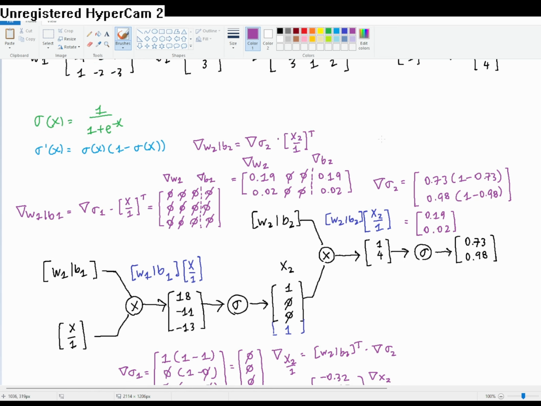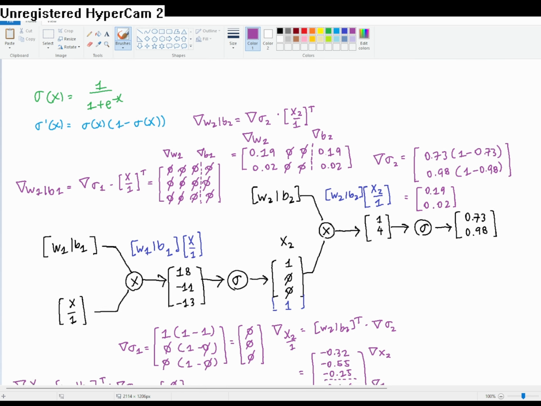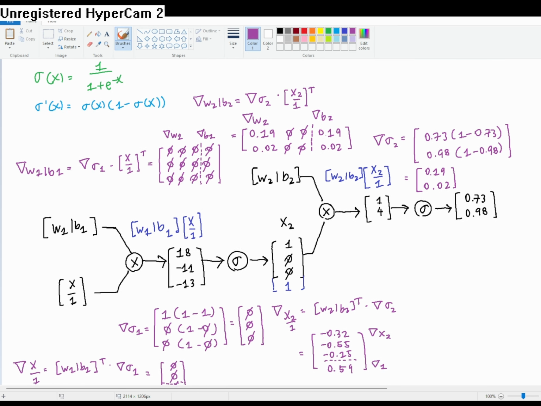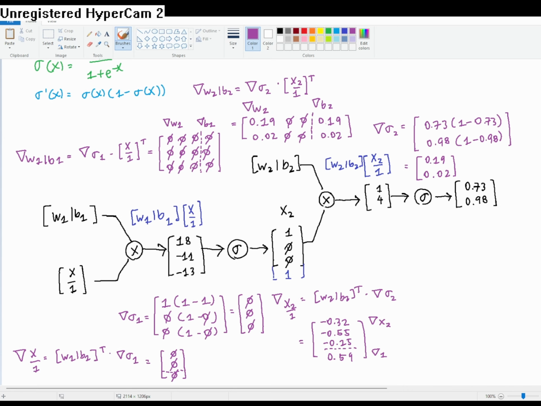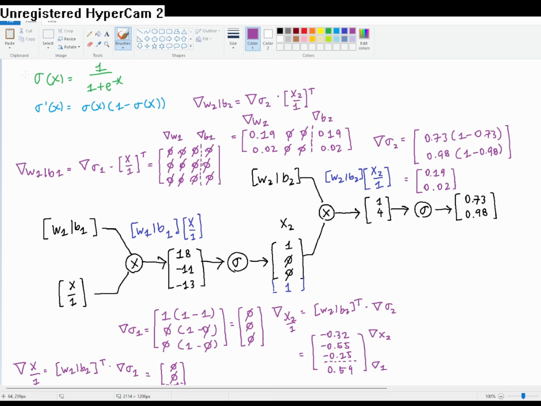All right, so let me scroll properly here. This is the full forward pass and back propagation of this network. You're done. This is it, right?